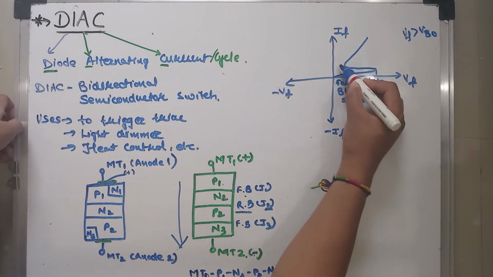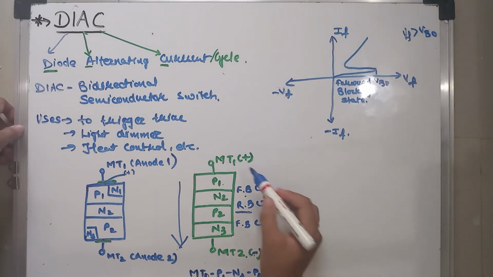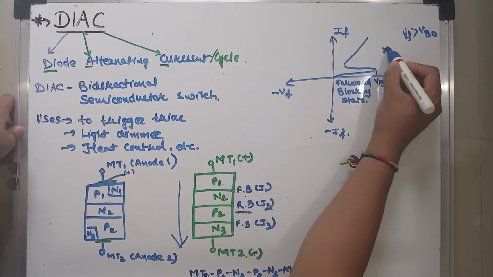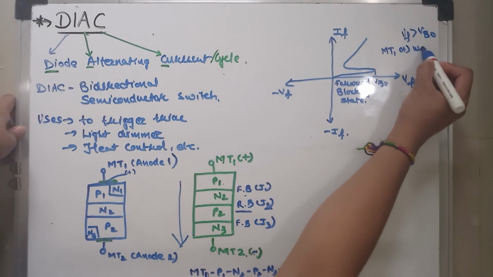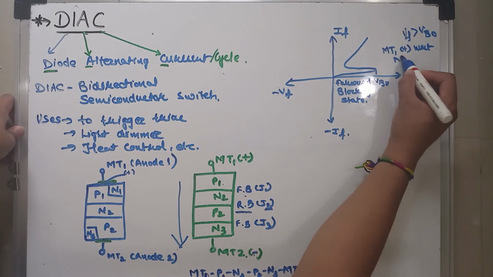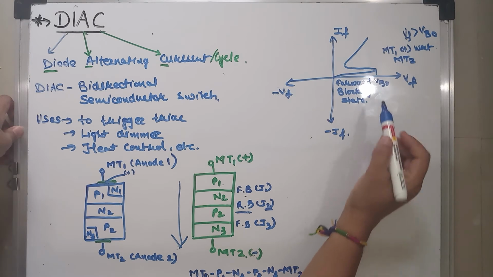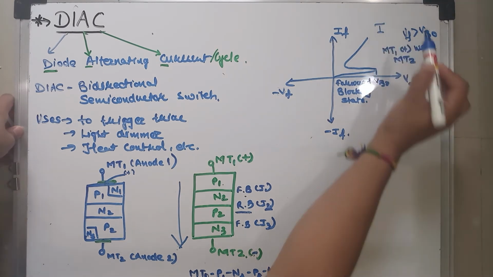That is the characteristic of the diac when MT1 is positive with respect to MT2. The characteristics lie in the first quadrant.